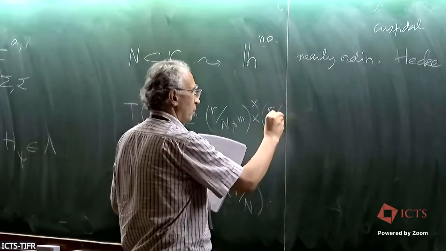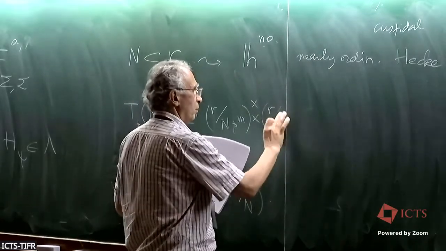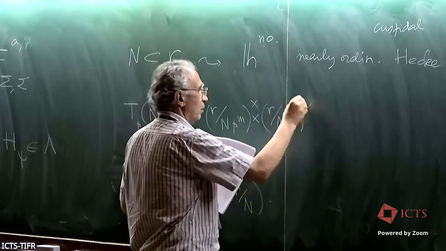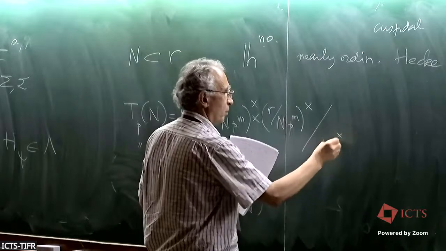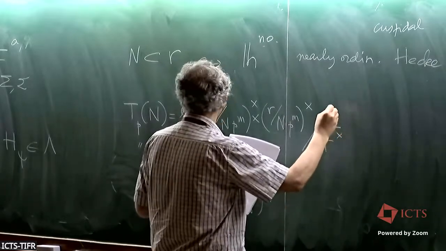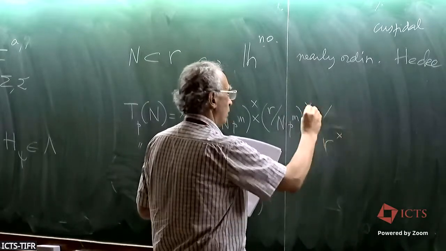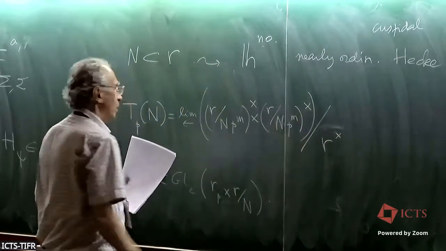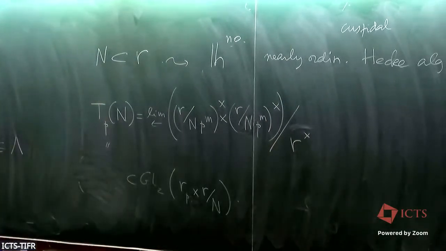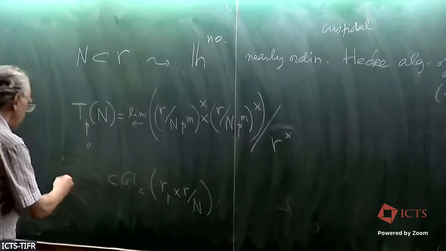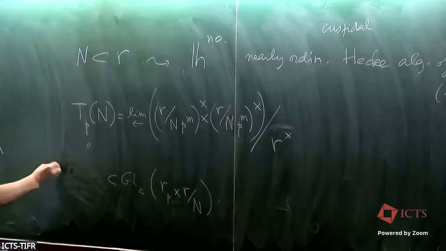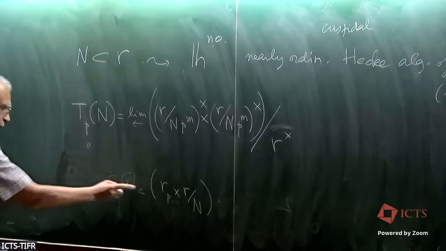Well, R is the ring of integers of F. And this torus is the diagonal torus as I wrote.